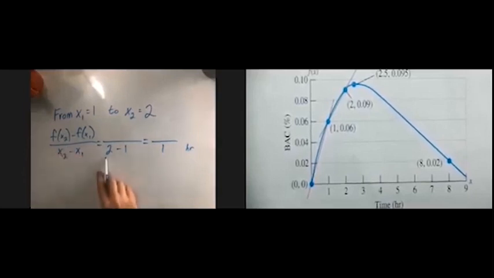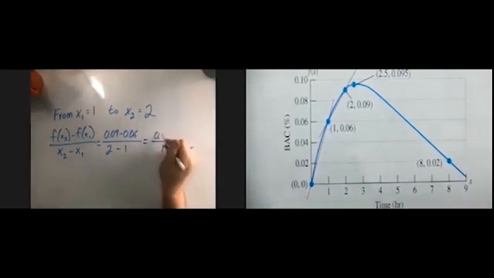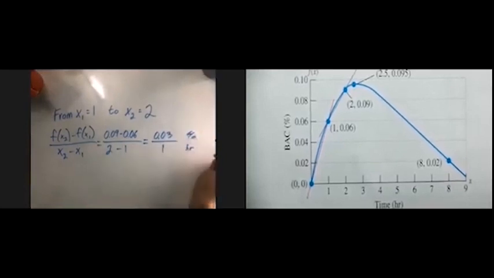On top, when x is 2, we have the point 2, 0.09. When x was 1, it's the same point as before, 1, 0.06. When we subtract, we get 0.03. And that's percent, not 3%, it's 0.03%.